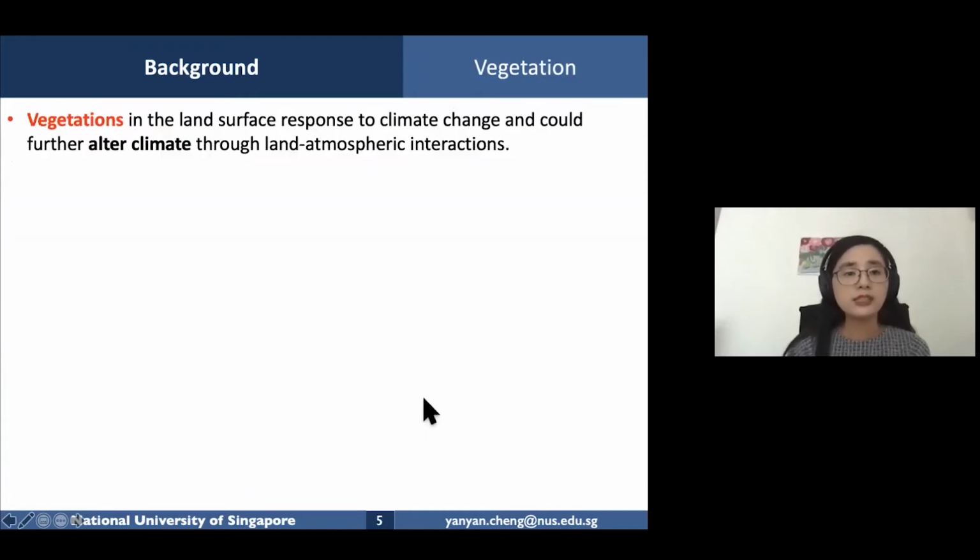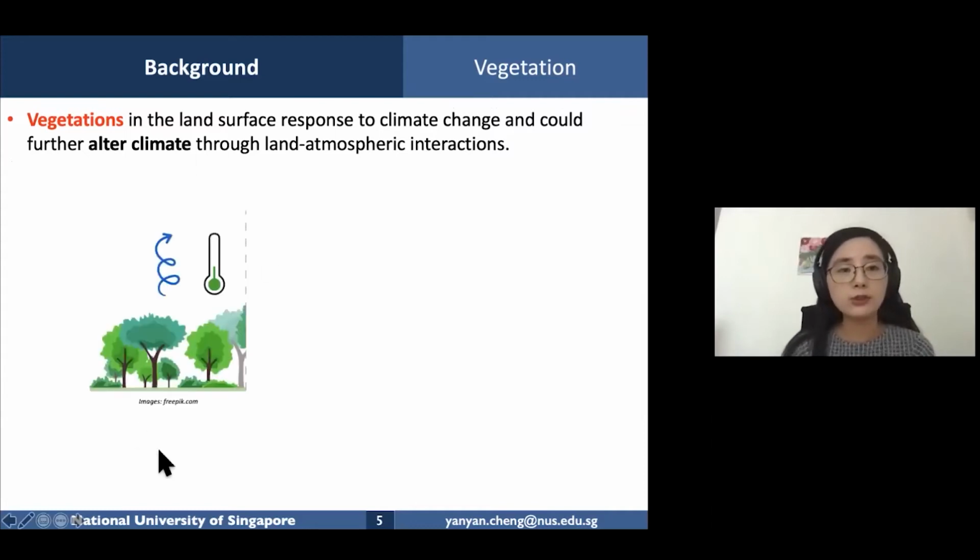The reason why vegetation got so much attention in the community is because it responds to the climate change and could further alter the climate through its interaction with the atmosphere.